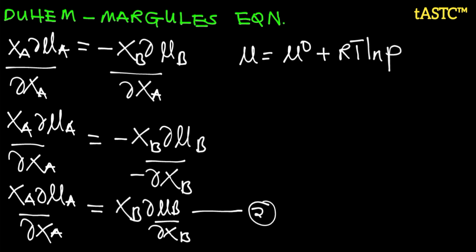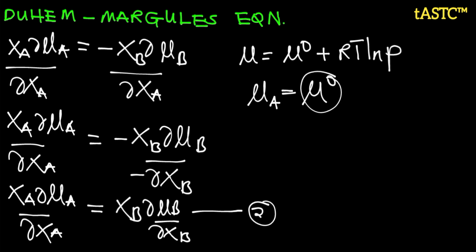So in terms of A, we should have something like this. This will be mu sub A, and this is going to be mu naught. Now notice this is not actually going to have a subscript, because this is actually the standard chemical potential. And so that is always the same value regardless of whichever component you are actually dealing with.